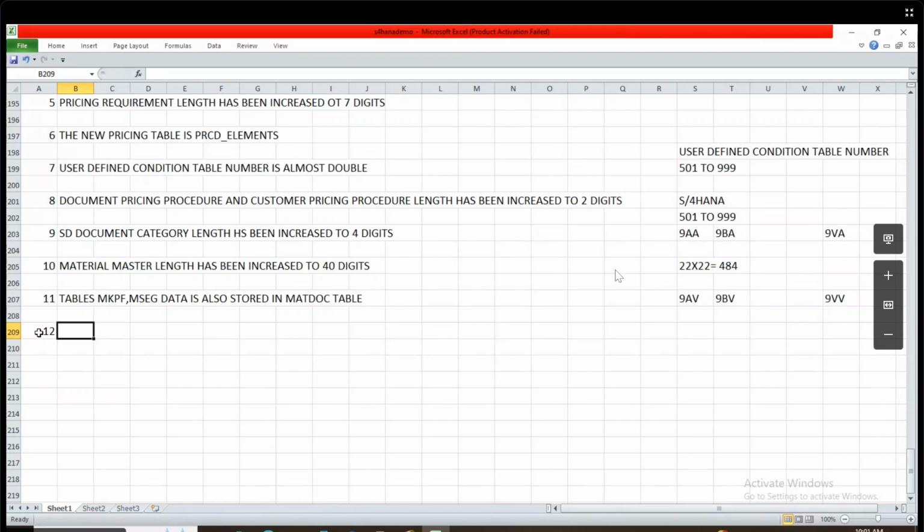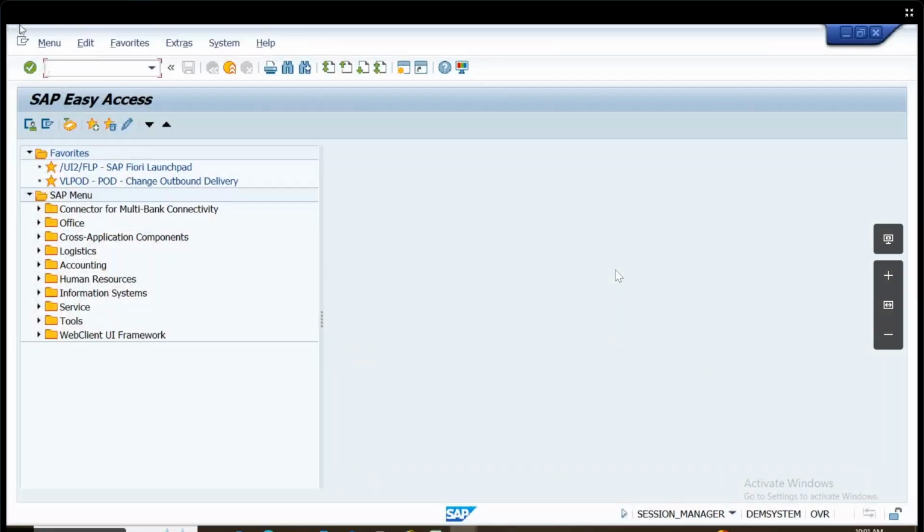Next, BKPF, BSEG data will also be stored in the ACDOCA table. It is also a new table.